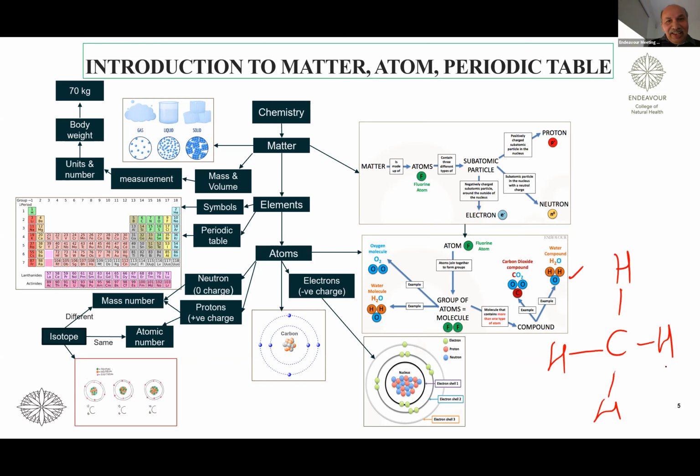Okay. And matter is something which occupies mass and volume, and we use measurements which have unit and number. Body weight, for example, is expressed in kilograms. Different states of matter: solid, look at the particles, they are very closely packed.